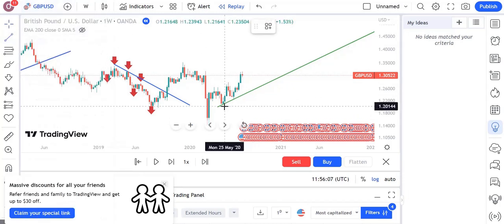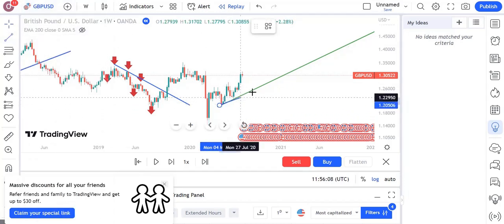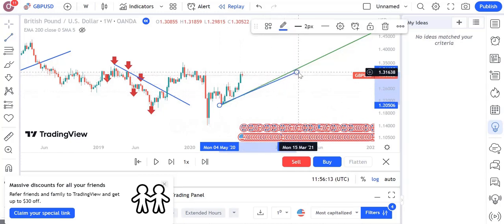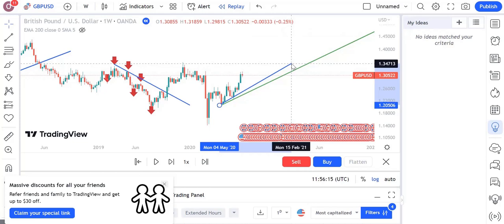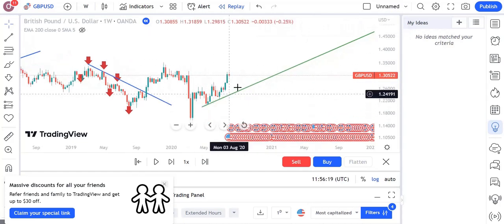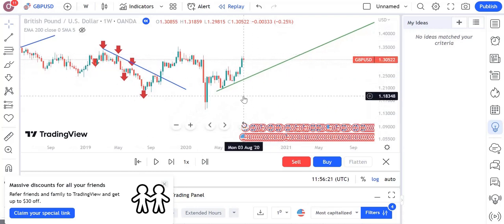Now, mind you, like I said, I've always taught my students to pay attention to fundamentals, because if you can see here, this was March 2020. You all know what happened in March 2020, the pandemic and all of that, so price was really, really volatile and you shouldn't pick a spot from here.